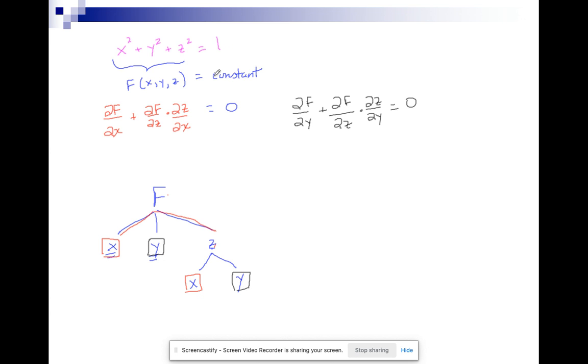Right? And each side is equal to 0 because you're taking the derivative of a constant. Now, I want del z del x by itself.